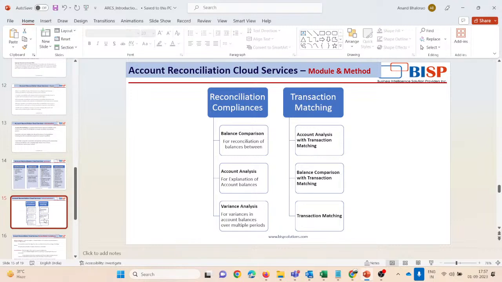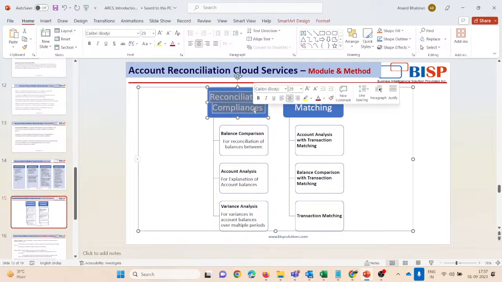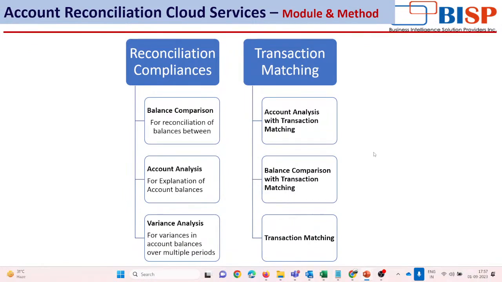The two modules are reconciliation compliance and transaction matching. So the account reconciliation performs all its activity using these two modules and the methods involved in them. So what are the two modules? The first module is reconciliation compliance and the other one is transaction matching.